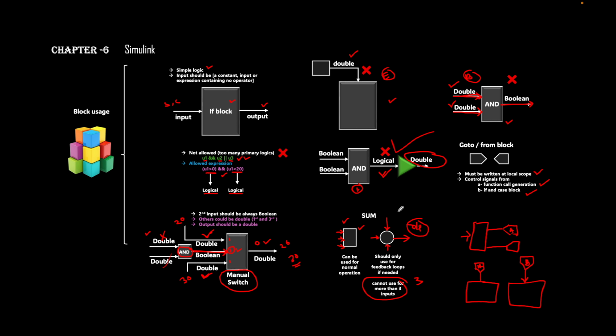And coming to the sum blocks, if we are using more than three inputs inside the sum, then we should better use a rectangular sum block. And that is all about the block usage. There is one more segment for the block usage which we will see in the next video. So this is all about the first part.